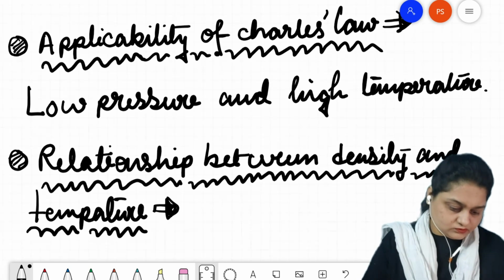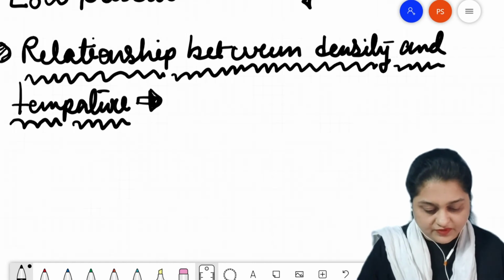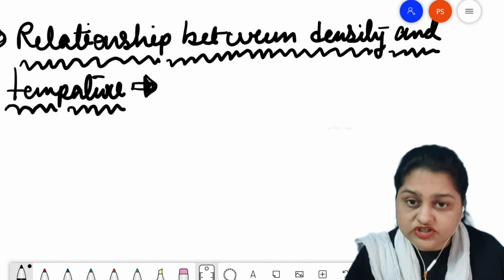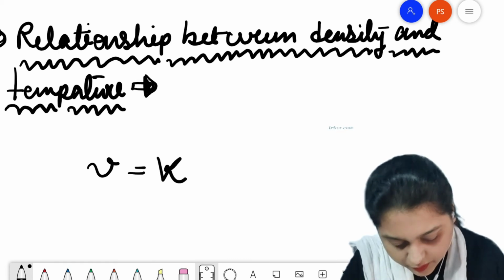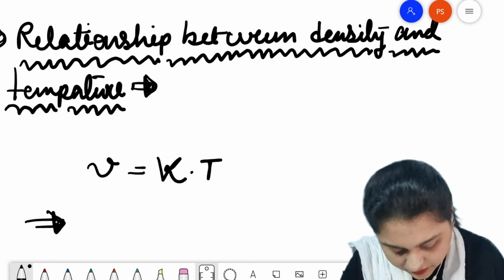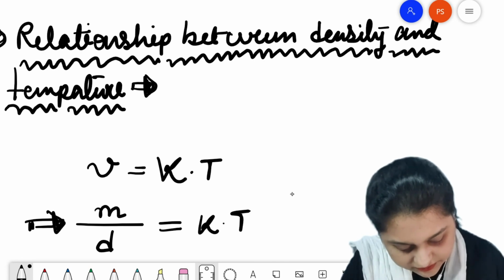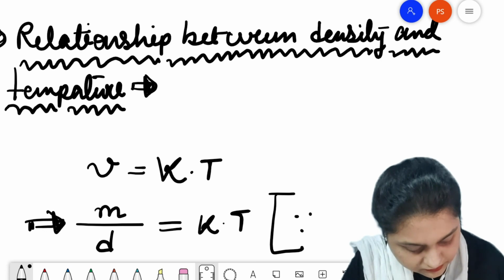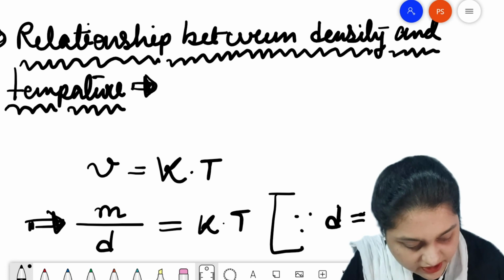Now from Charles law we can also relate density with temperature. The mathematical expression for Charles law is V equals proportionality constant K multiplied by T. Now we know that V equals mass by density, so m by d equals K into T, as density equals mass by volume.